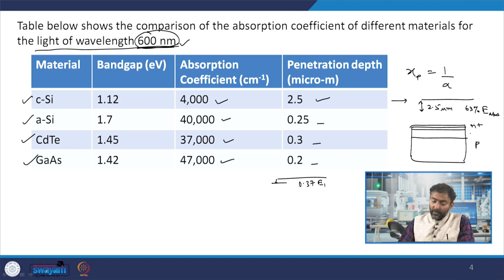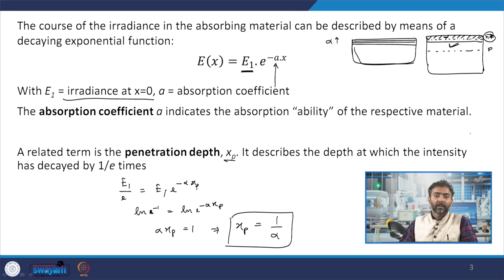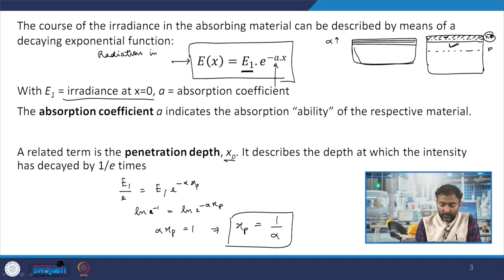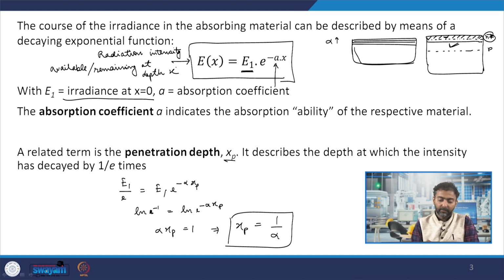Another important thing, many a times I have seen students confusing with this equation. When we write this equation like this, we should always remember in this form, when we are writing E(x) equal to E1 e to the power minus alpha x, E(x) here is basically the radiation intensity available or remaining at depth x from the surface.